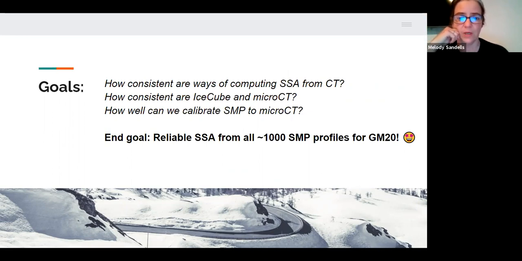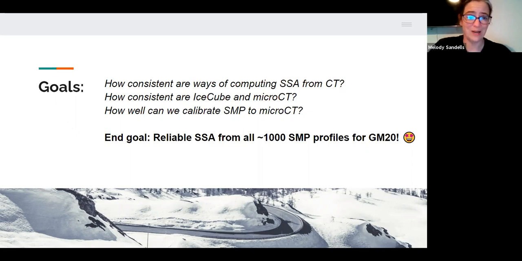There are different methods of retrieving SSA from micro-CT, so we wanted to look into the consistency in doing that. We also wanted to compare the observations from the IceCube instrument taken during SnowEx with the micro-CT, and also look at the SMP observations, firstly how they are, and recalibrating them to see if we can get higher accuracy from them.